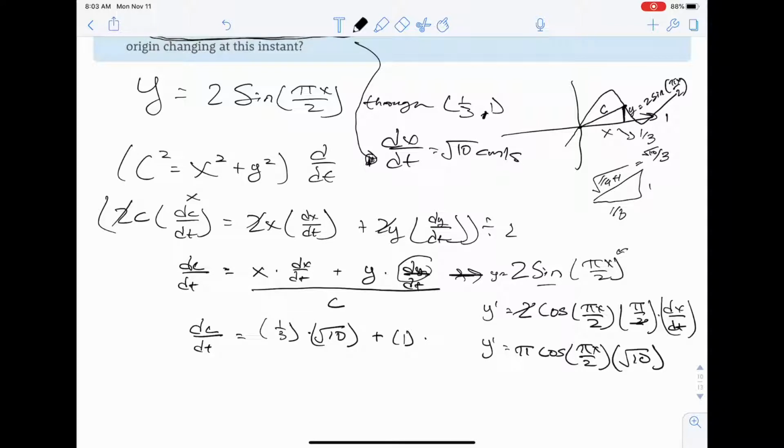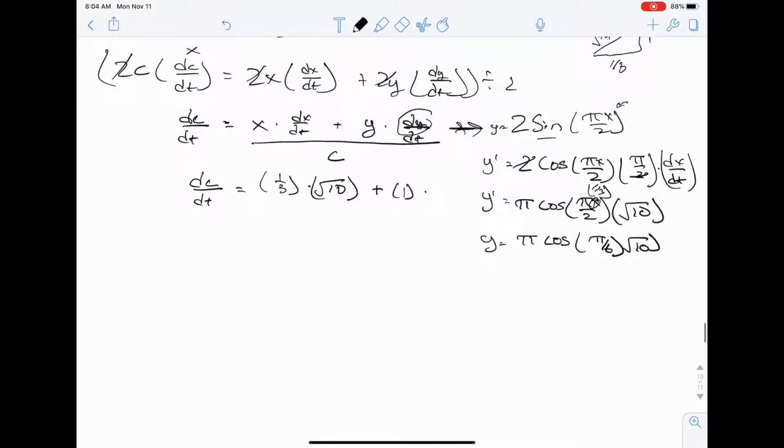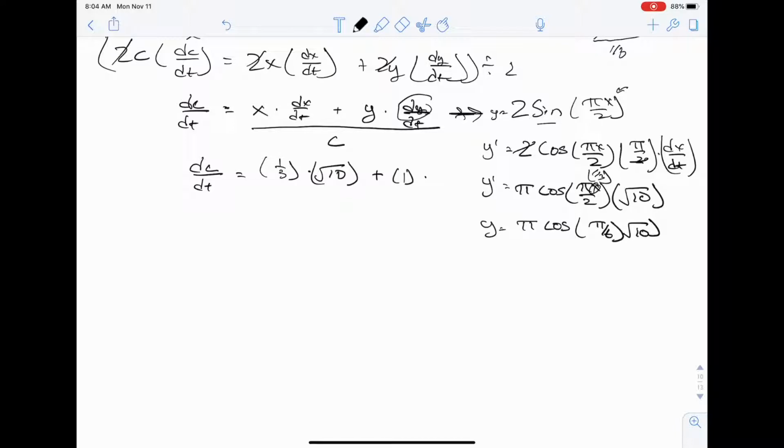Next, you can plug in x right here. So then you get 1/3 over here, and you multiply this out to get pi over 6 times square root of 10. All right. Now, cosine pi over 6 is square root of 3 over 2.